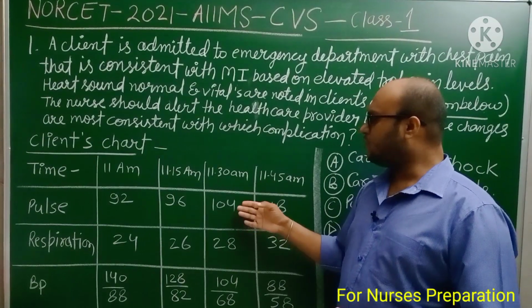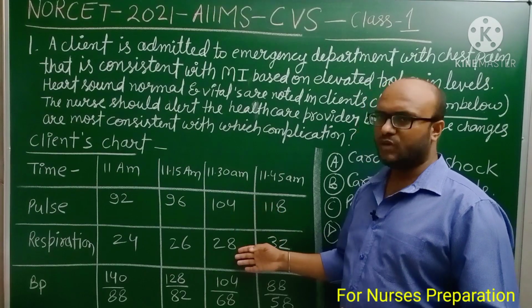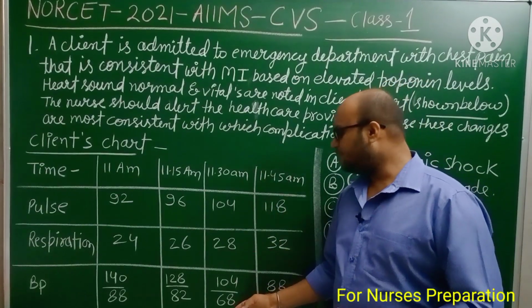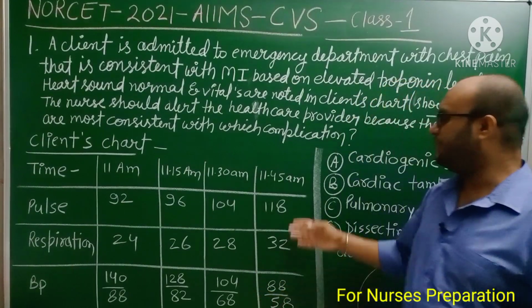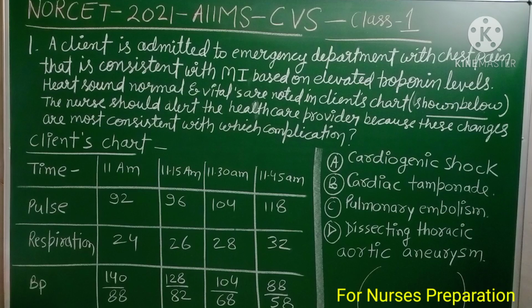Pulse rate was 104, respiration 28 per minute and the BP was reduced to 104/68 mmHg. And at 11:45 am, the client has a pulse rate of 118 per minute, respiration 32 per minute and the BP was 88/58 mmHg.